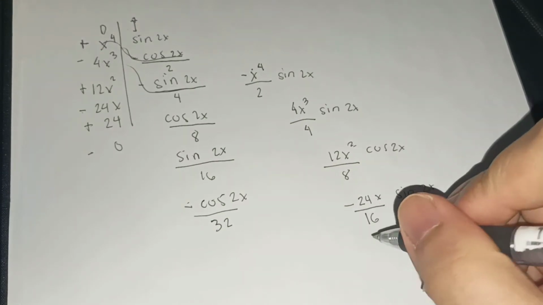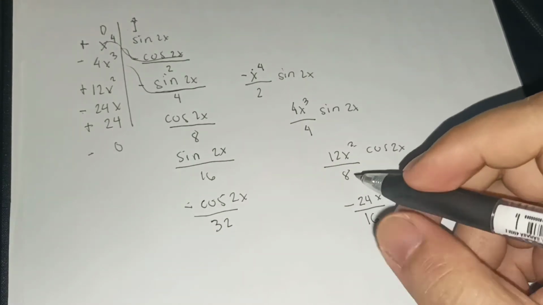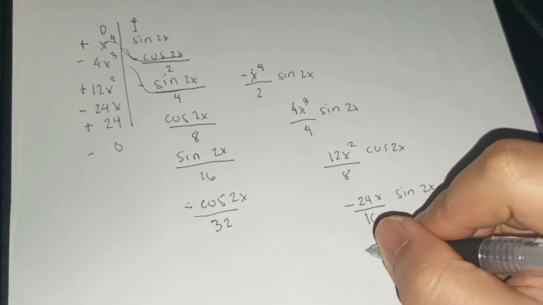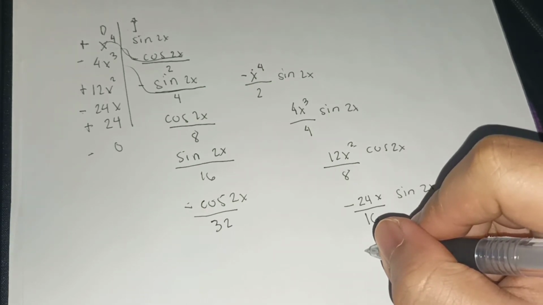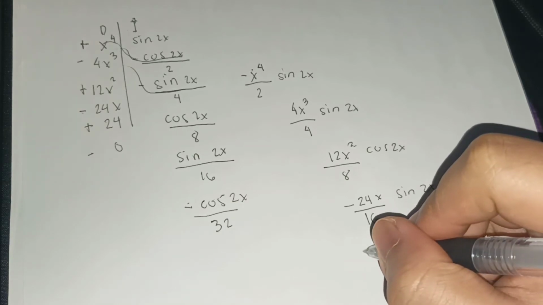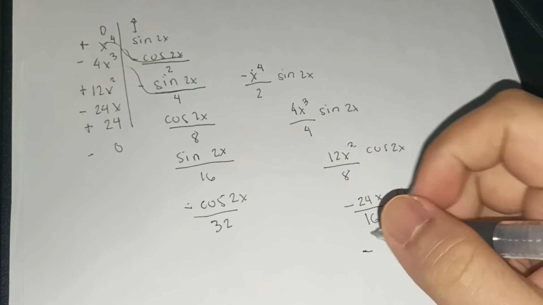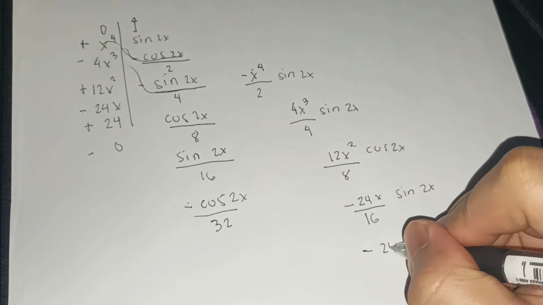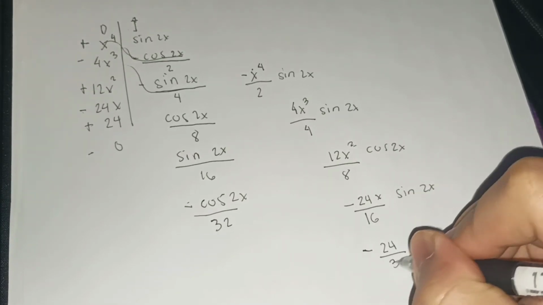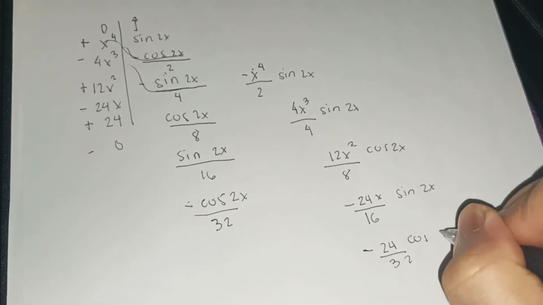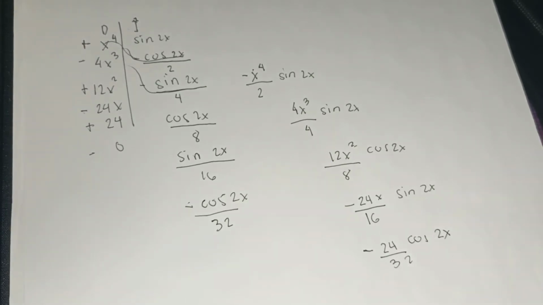And then for the last one, it is 24. Positive 24 will also become negative due to the negative cosine here. Negative 24 over 32 cosine 2x.